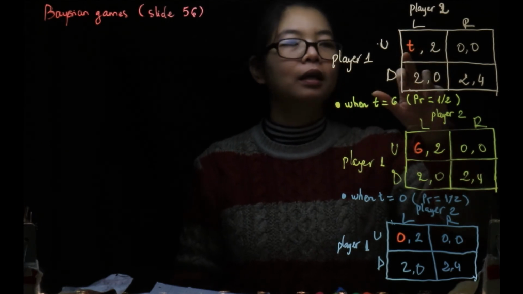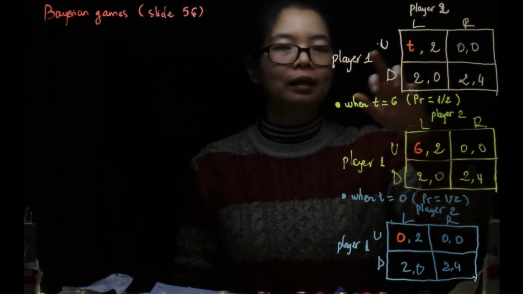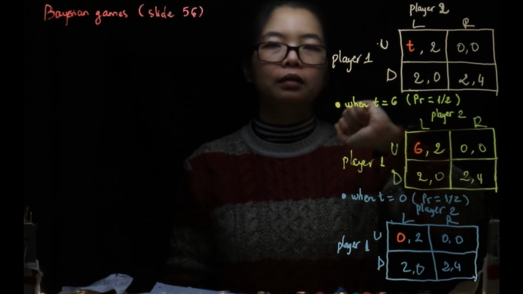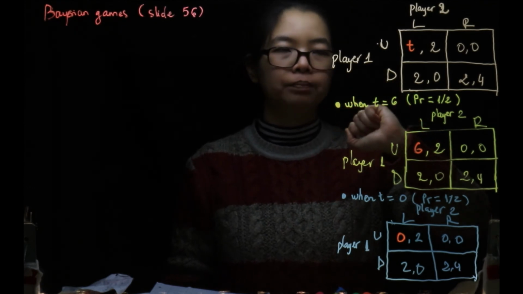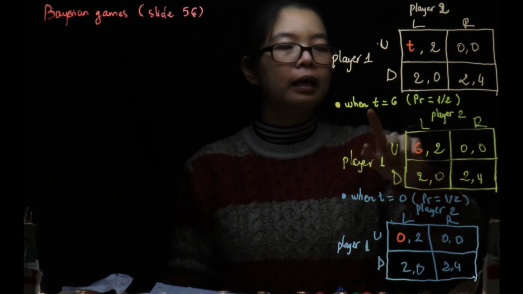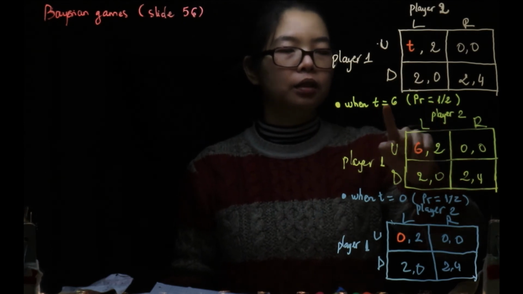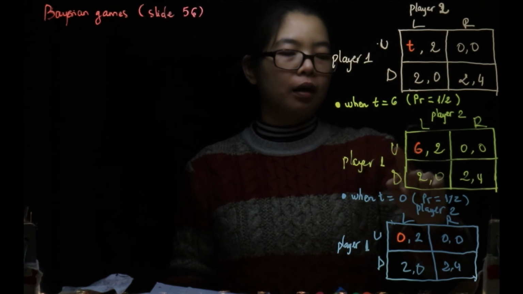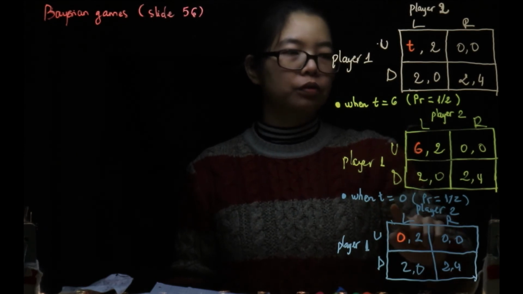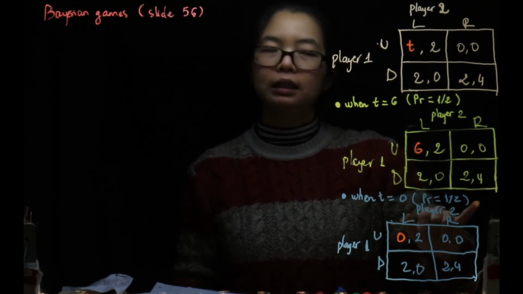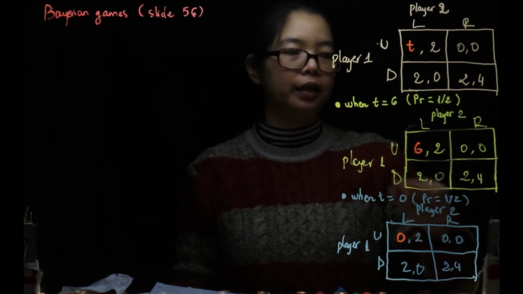That's the only place where T, the type of player 1, has an impact. T could be either 6 or 0 with the same probability, 1/2 here.